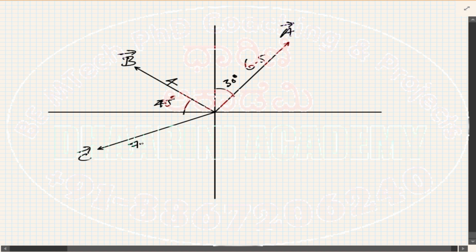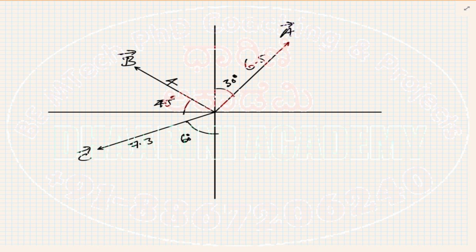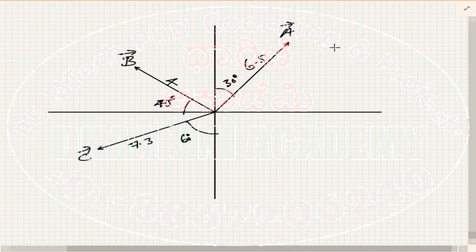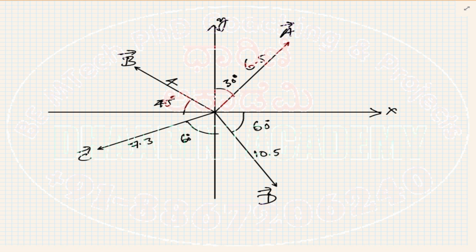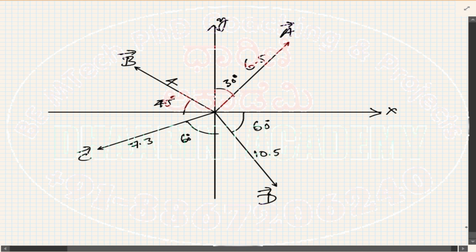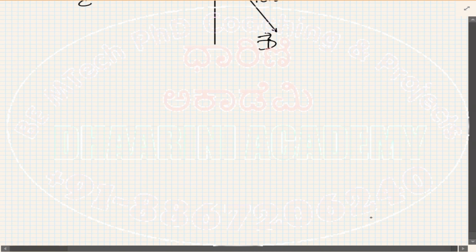Vector C, 7.3, 60 degrees. Vector D, this is 10.5 at an angle of 60 degrees. Okay, this is X, this is Y. Find the components of each vector along the X and Y axis.